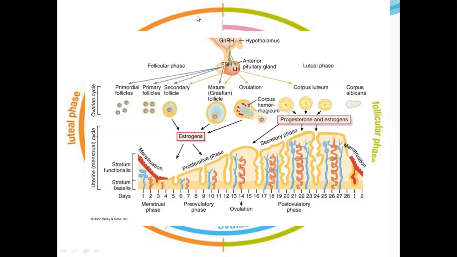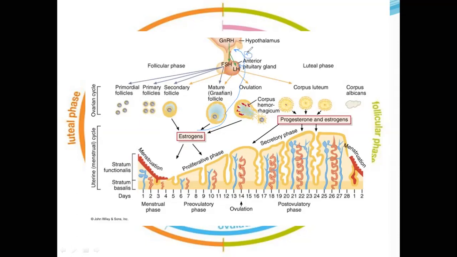And you can see, when the estrogen level increases on day 14, it will stimulate the pituitary gland and the hypothalamus. When it stimulates them, the pituitary gland will start production of LH hormone.